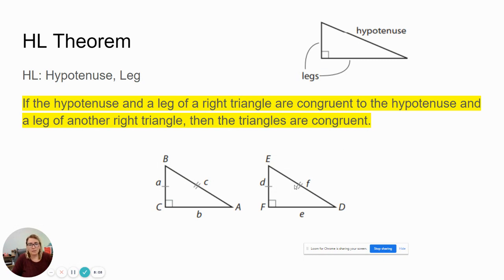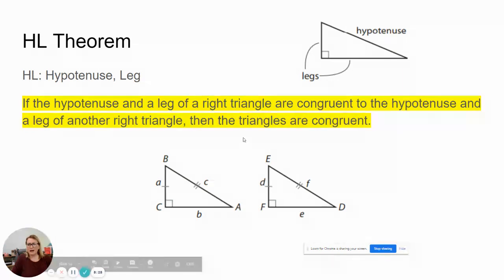And again, remember, we're making sure that the hash marks are the same. So for example, we have this 1 hash mark here and a 2 hash mark. That means that A and D are equal, C and F are equal. Therefore, these are congruent triangles.